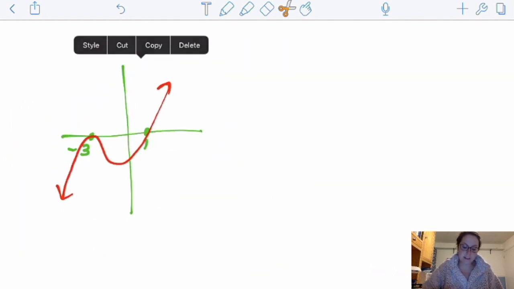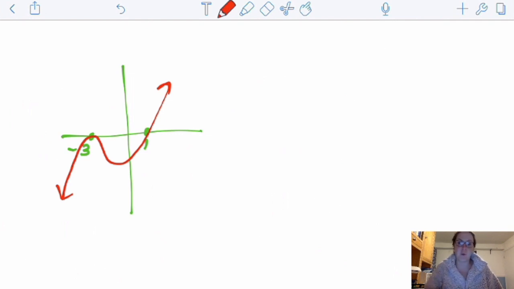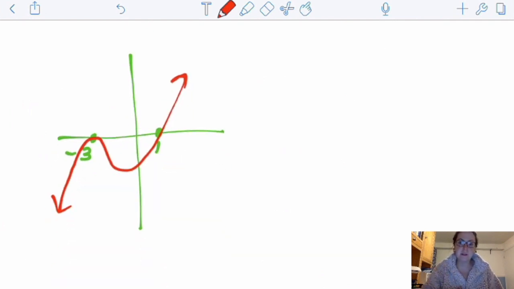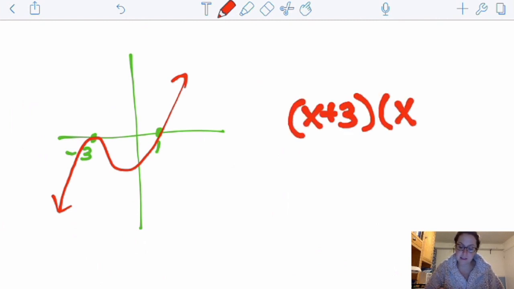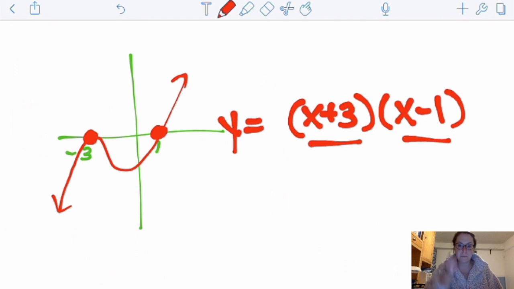My zeros here are at -3 and at 1. I have 2 zeros, so that tells me I should have 2 factors: x plus 3 and then x minus 1. That's what I'm starting with. I know these are my zeros, so I know the factors.